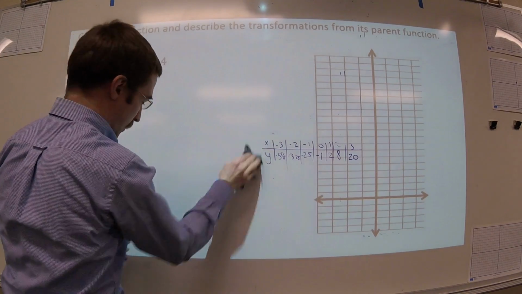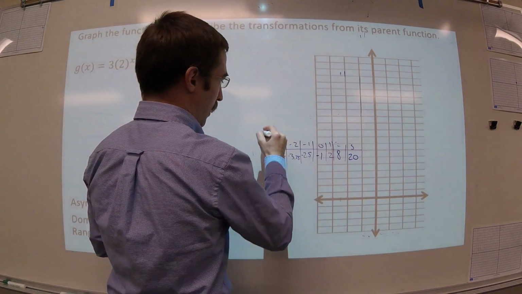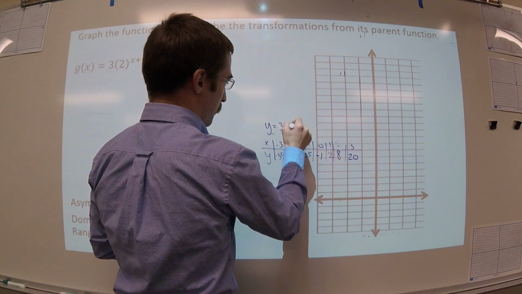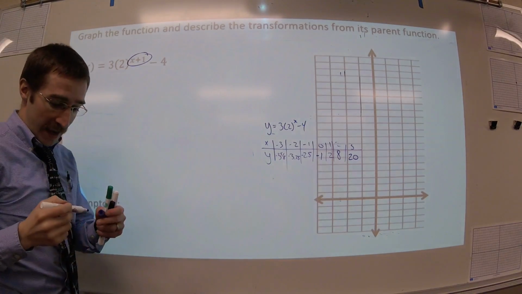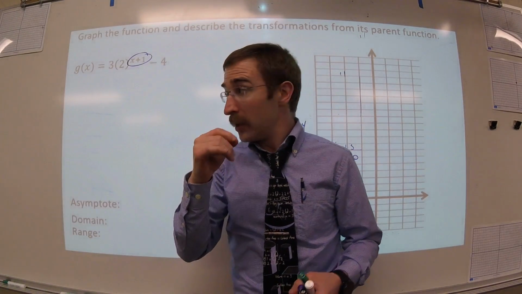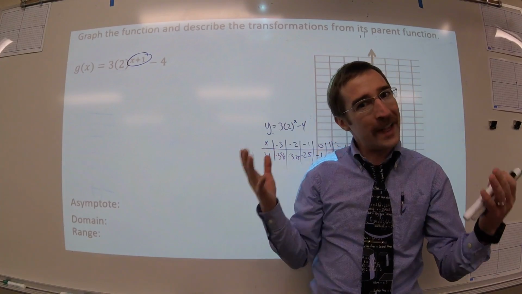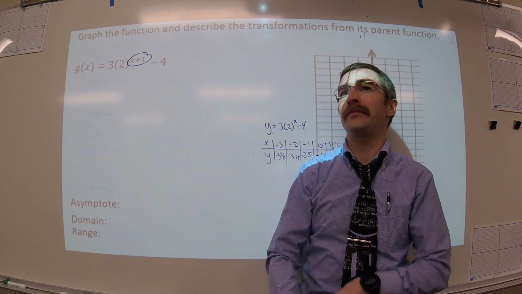Okay, so this is what we had from y equals 3 times 2 to the x minus 4. Now we're changing that x to an x plus 1. What is that going to do?